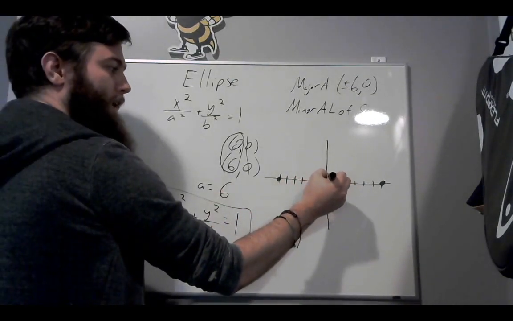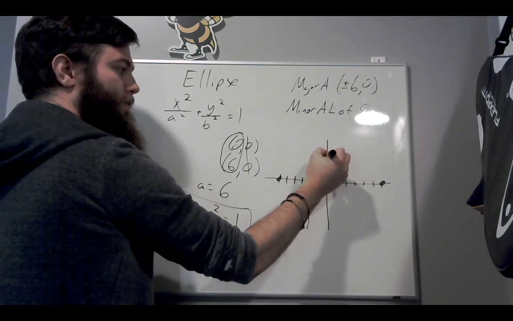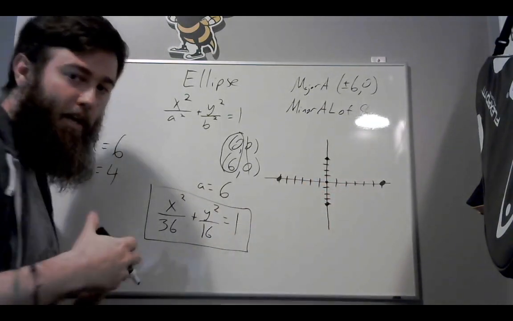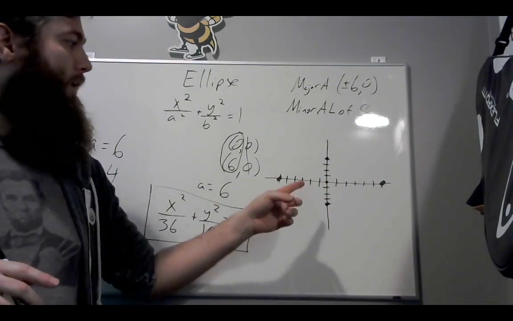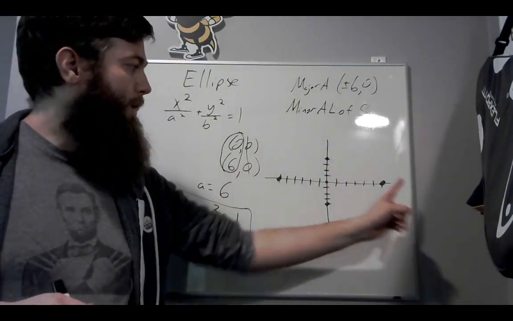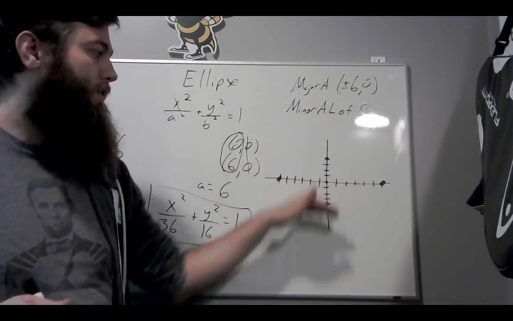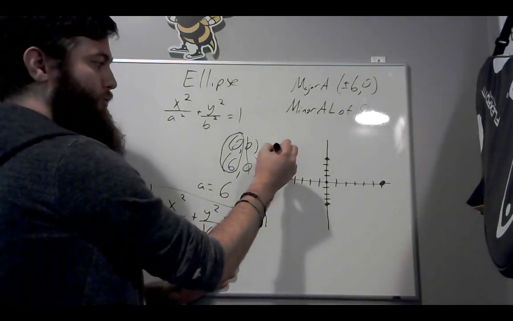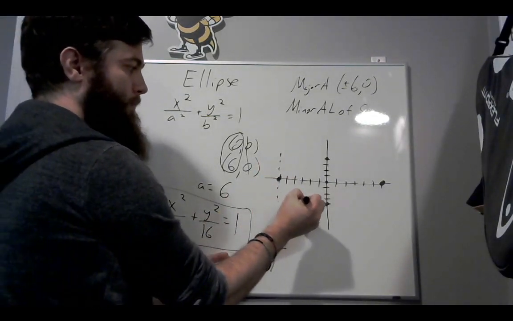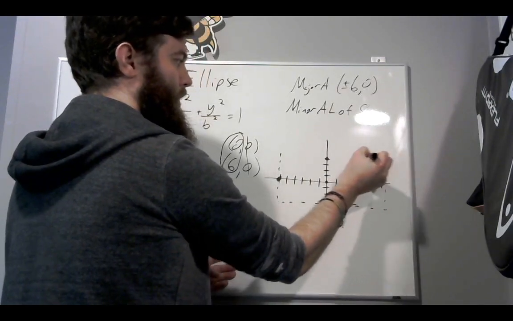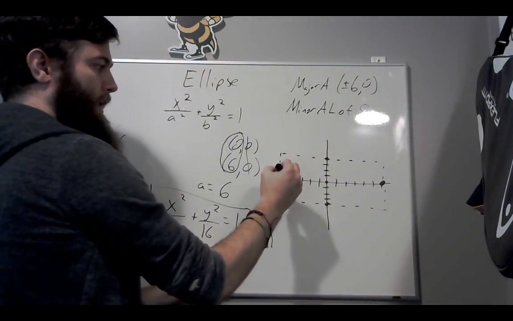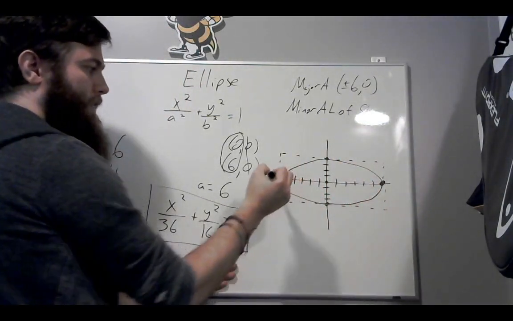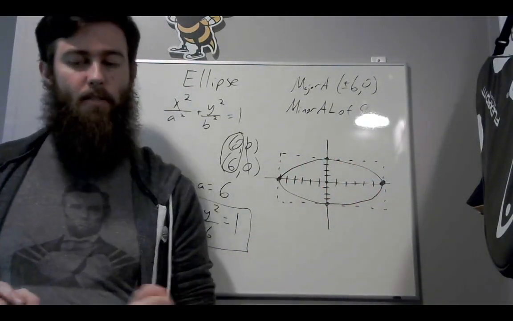So if I start at the center, I can go up 4, and I can go down 4, and those would be my minor axis endpoints. I'm going the opposite of horizontal, which would be vertical, so I'm going the vertical distance of 4 from the center up and down. So now I can draw a little box. My ellipse is going to look something like this, as best as I can draw.